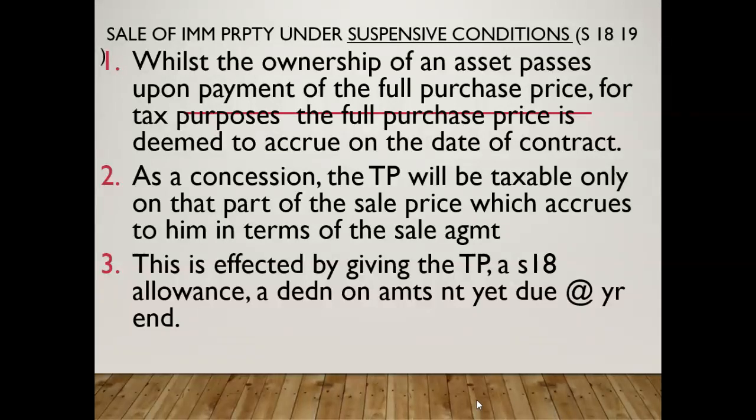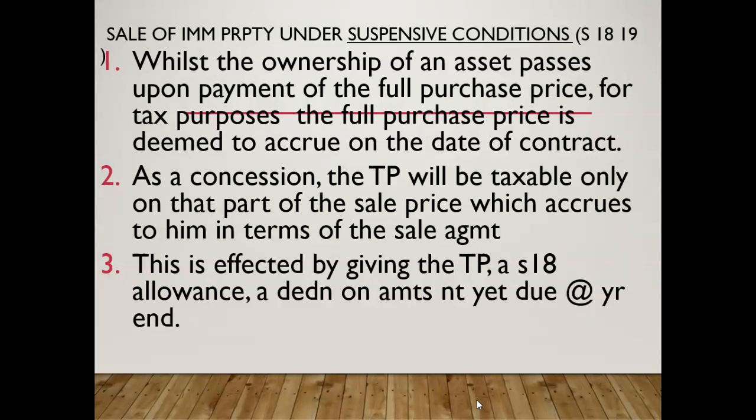So that means they will have to tax you in the first month on everything. But they are not that evil. They will just say we can also grant you what you call a suspensive sale allowance. So the only problem is how do we calculate a suspensive sale allowance?